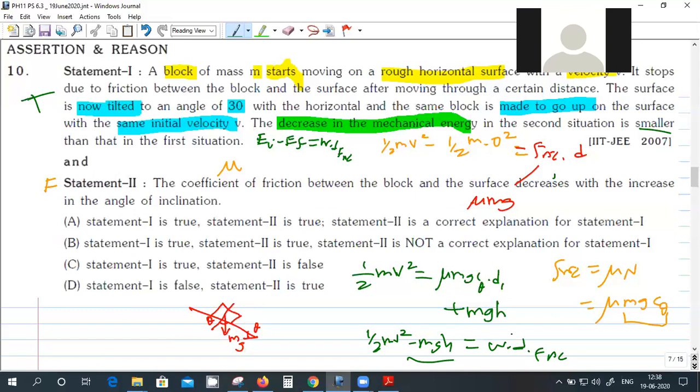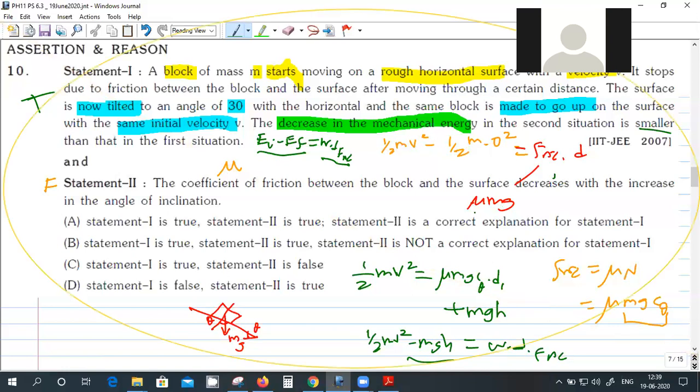Getting it? See, decrease in mechanical energy is EI minus EF, right? That is equal to work done against friction, and this E is K plus U, both kinetic energy and potential energy. So basically, whichever has less work done against friction will have less decrease.